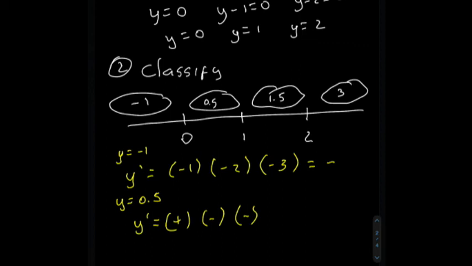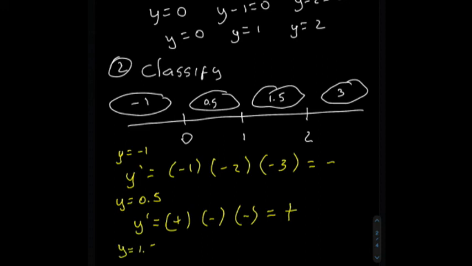Then the following is negative, since 0.5 minus 1 gives a negative sign. Similarly, 0.5 minus 2 is a negative number, so I put a negative sign here. So this answer is positive.